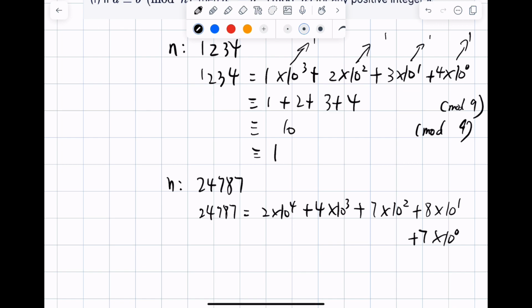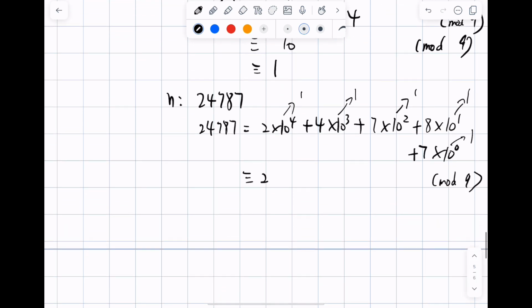So we know under mod 9, all the things that relate to 10 will become 1. So this thing will be congruent to 2 times 1 plus 4 times 1 plus 7 times 1 plus 8 times 1 plus 7 times 1 again.